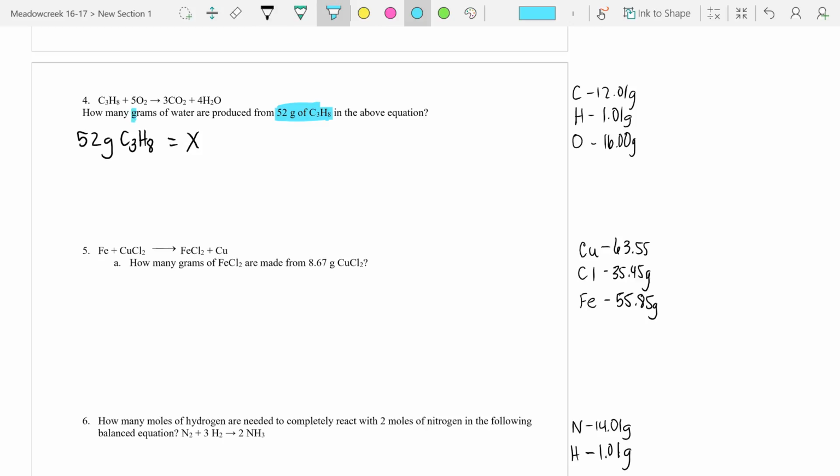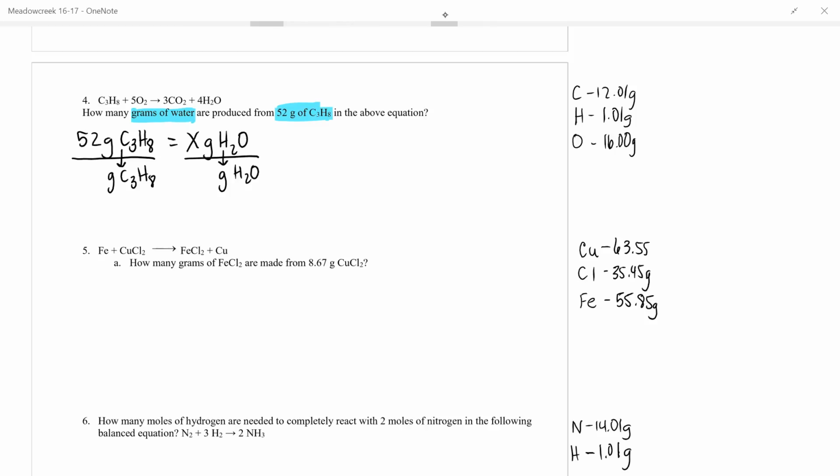In this case, we're trying to find the grams of water. So I'm going to write grams of H2O. Step number 3 is we list it in a ratio, and we bring our units down. So grams C3H8, grams H2O. Both of them have grams, which means I need to calculate two different molar masses.